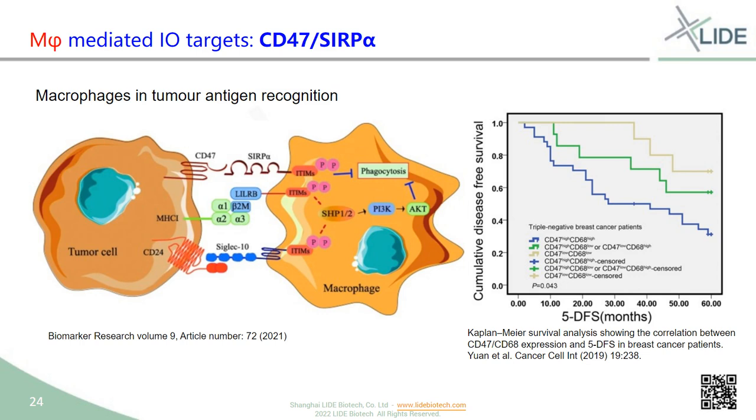And in some clinical samples from triple-negative breast cancer patients, those patients with higher levels of CD47 and CD68 expression usually have much worse disease-free survival.